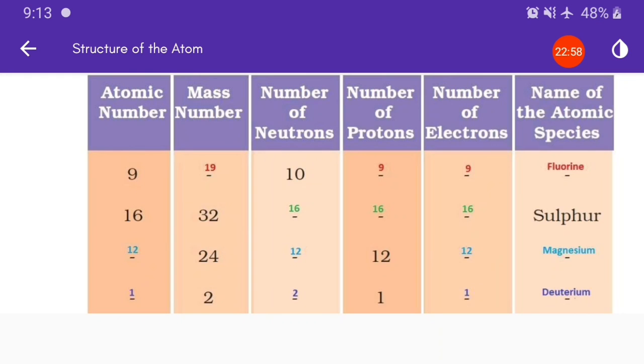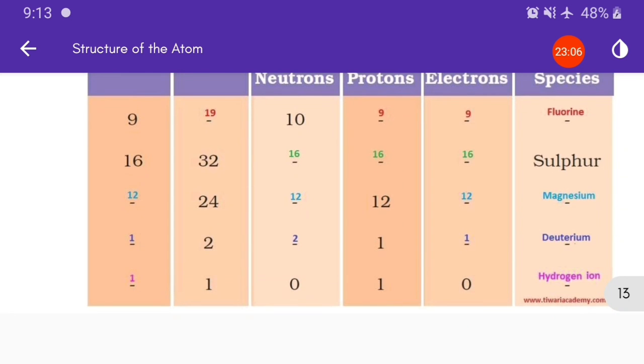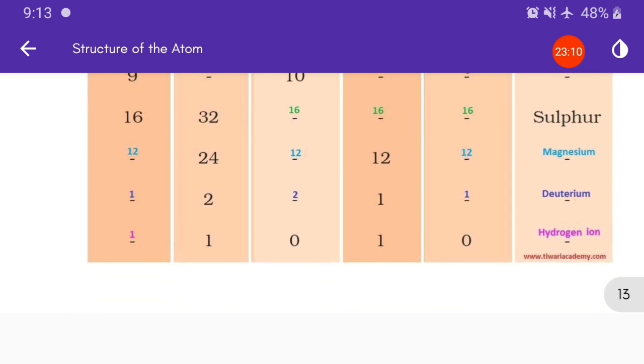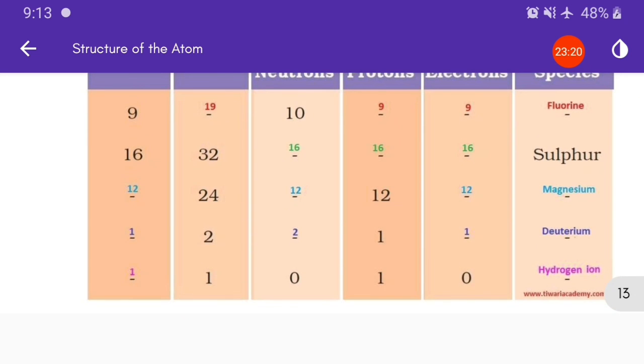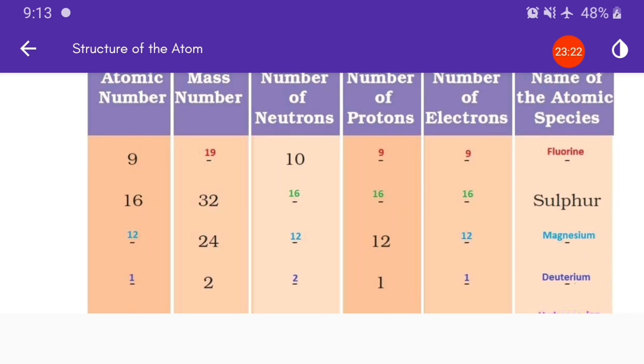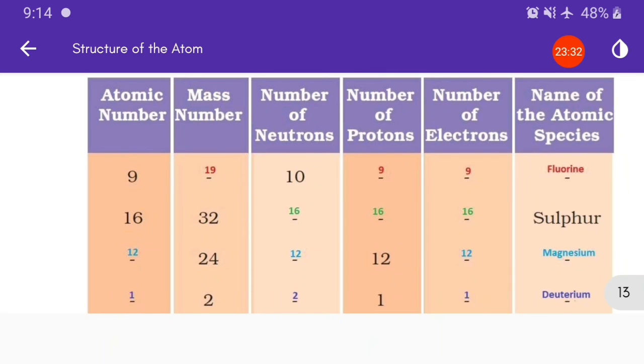Generally we can write directly: 9 is fluorine, 16 is sulfur, 12 is magnesium, and 1 is hydrogen or deuterium; for 1 we can mention protium or hydrogen ion also. So 9 means fluorine. The mass number is 19, number of neutrons 10, number of protons 9, number of electrons 9.